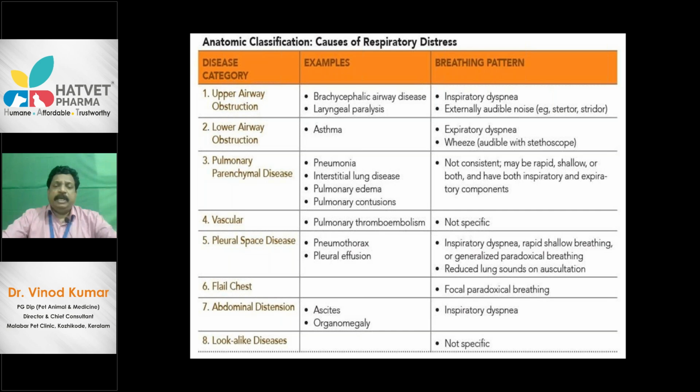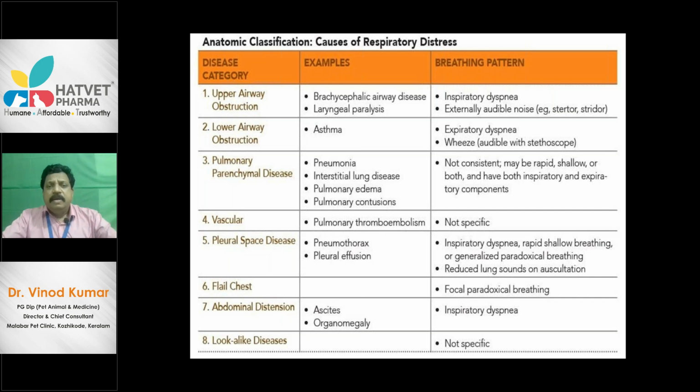In lower airway obstructions, such as in asthma, whenever a cat is coughing, it will be asthmatic. In lower airway obstruction, there will be expiratory dyspnea. This is expiratory dyspnea.